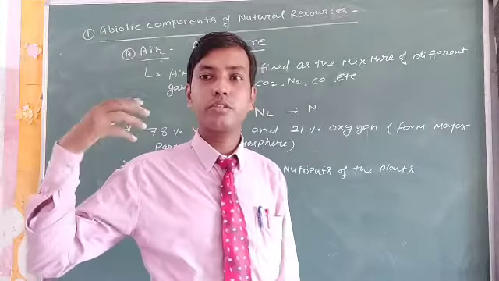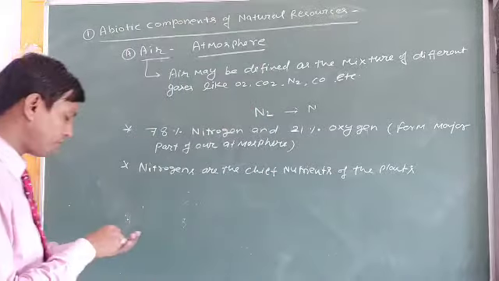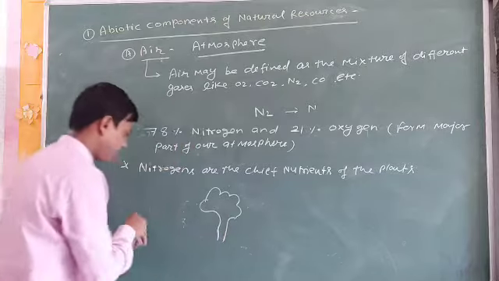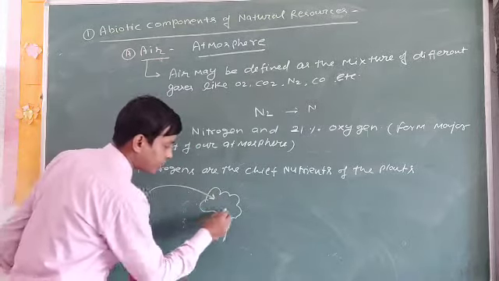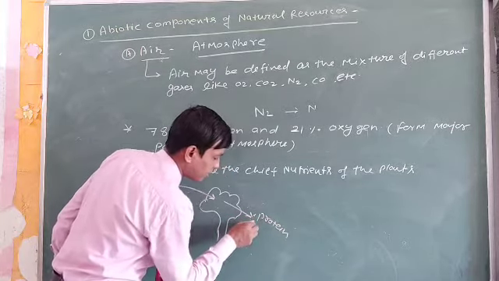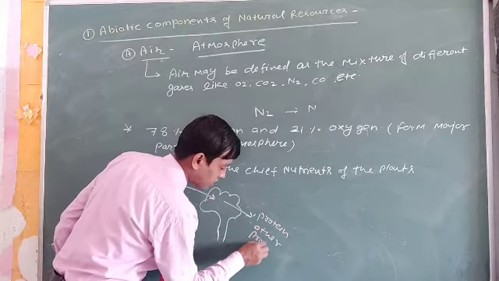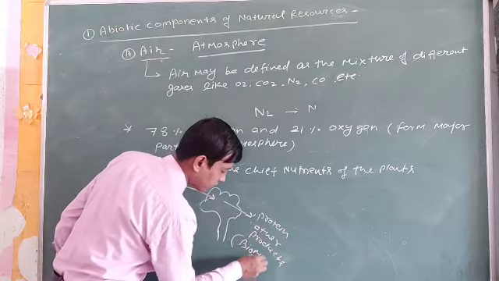Nitrogen is available in the atmosphere in the form of gas. Plants take nitrogen directly and fix it in the form of protein and other products known as biomolecules.